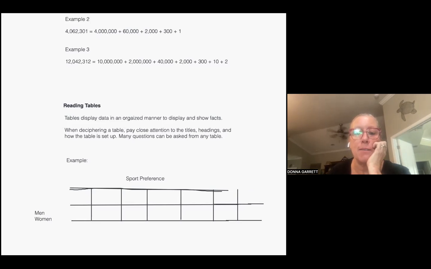I just couldn't see it. There you go. All right, so men and women, men. And women. I wonder if I can do it this way. I think I can. Nope.